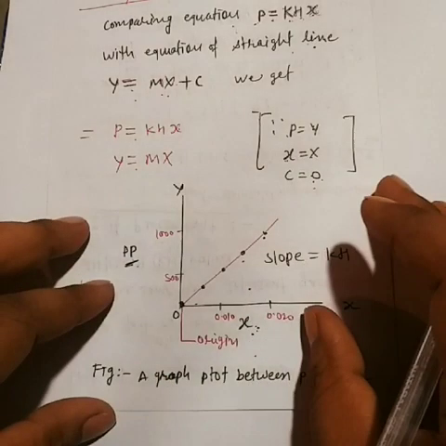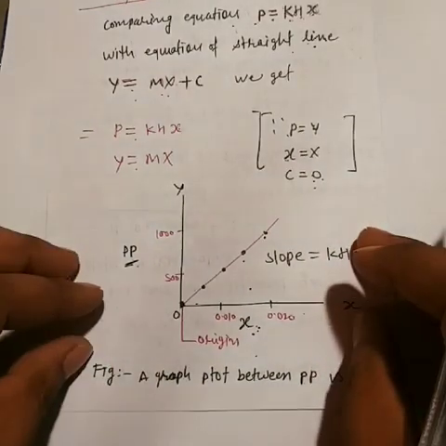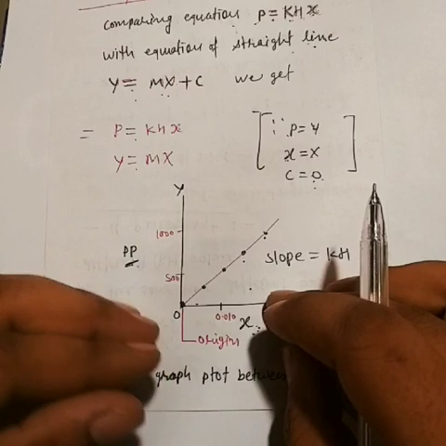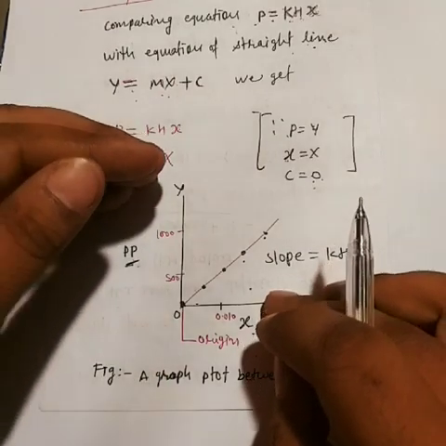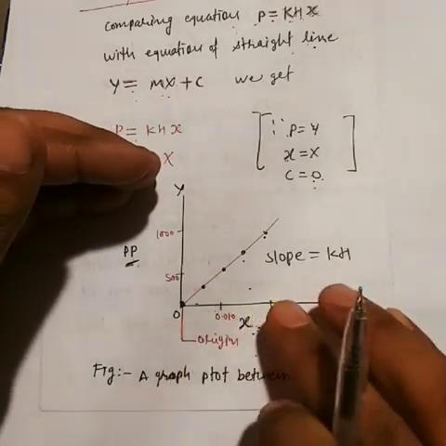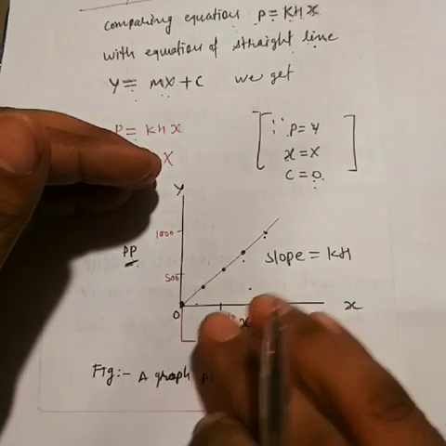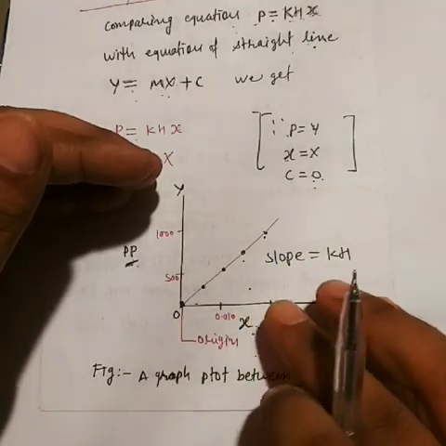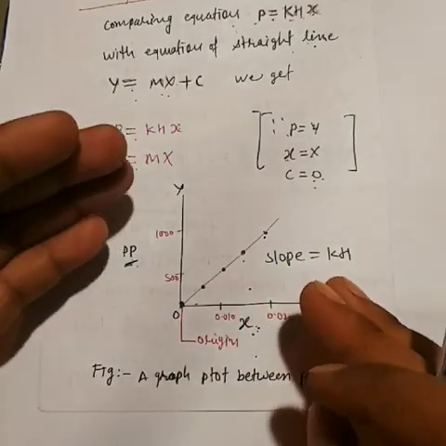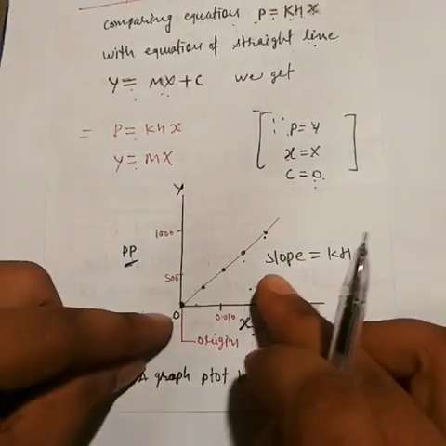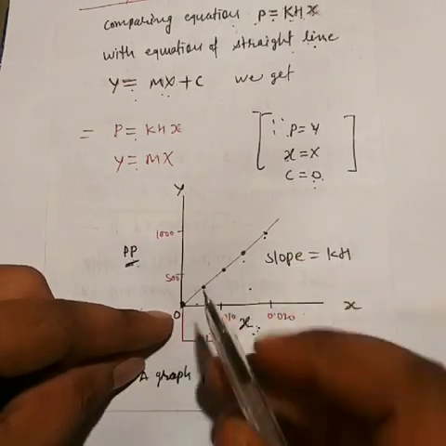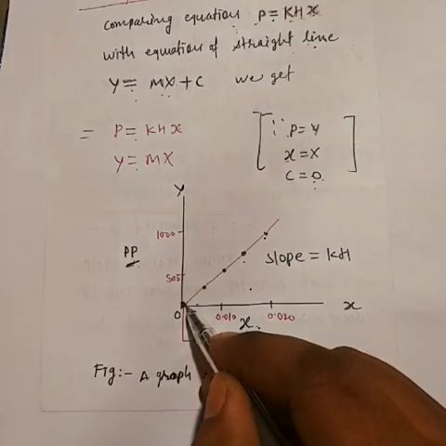So this is very, very important. I think you understood what happened here. That means as partial pressure increases, the mole fraction, that means the solubility of gas in liquid, also increases. और जो ग्राफ प्लॉट होता है या जो स्लोप ऑप्टेन होता है, वो ओरिजिन साइड से होता है.